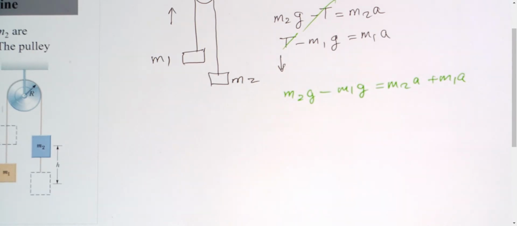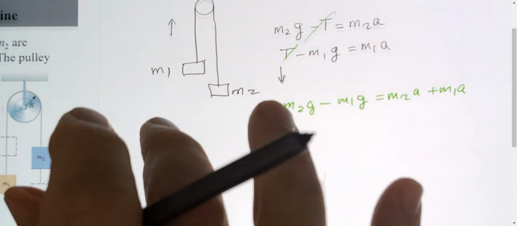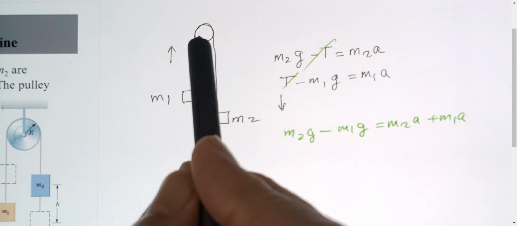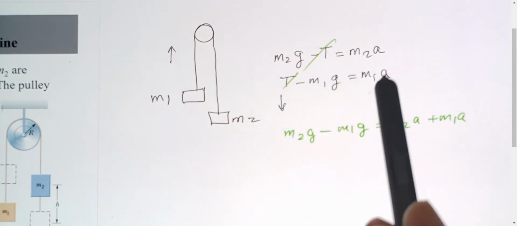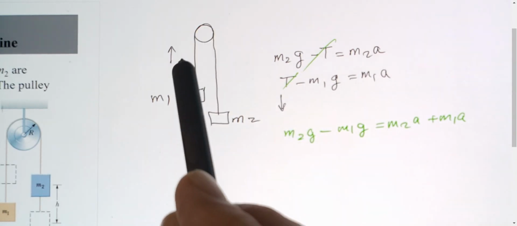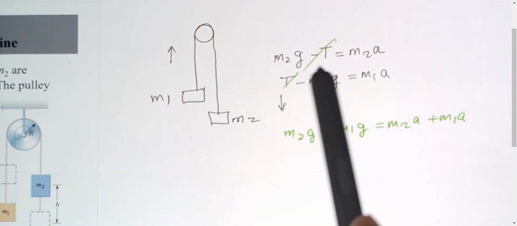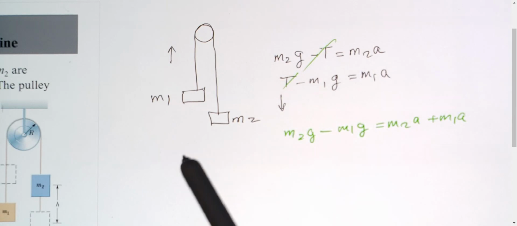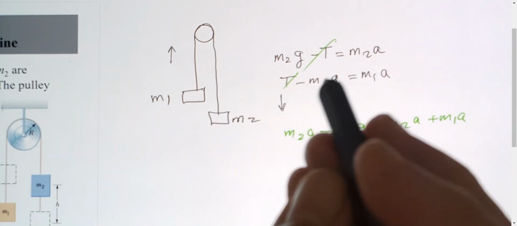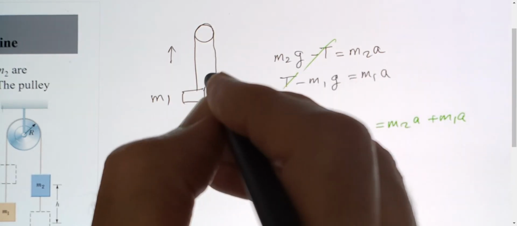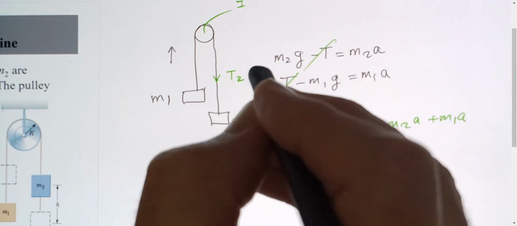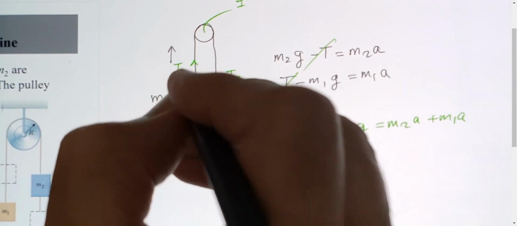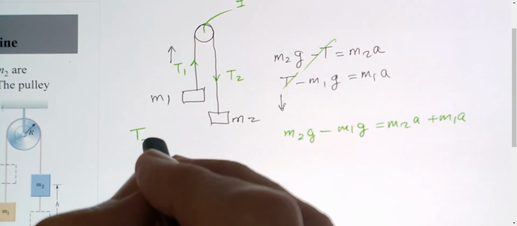The reason you cannot, when you consider the pulley, you cannot use this anymore. وانتبهوا إذا جاء هذا السؤال في الامتحان وكتبت هدول المعادلتين هتاخد 0. Why? لأنه now in this situation I have T2 and I have T1 and T2 does not equal T1.